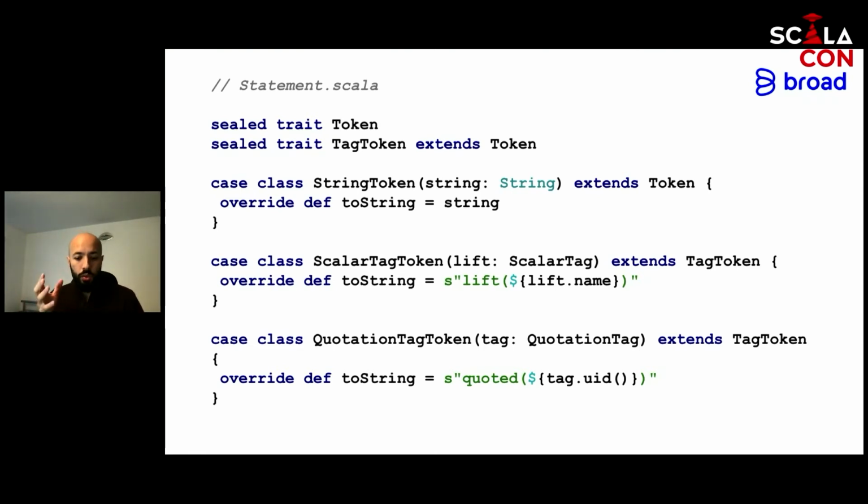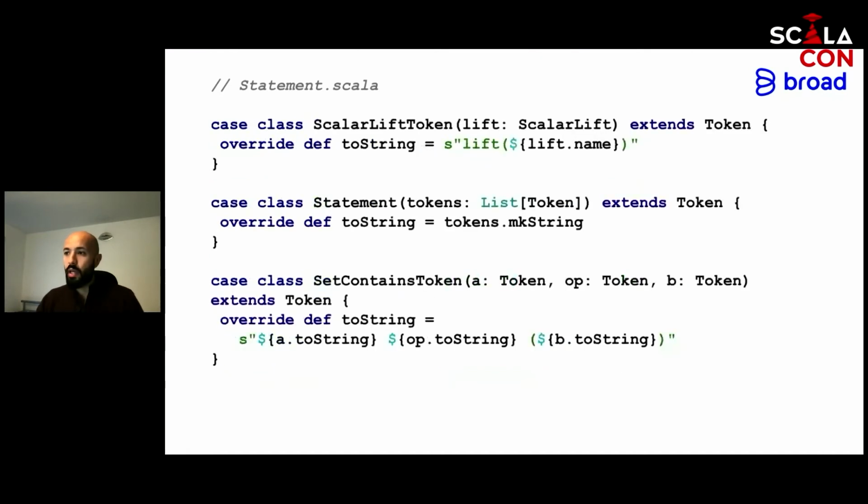Those are mostly used by the macro engine in order to extract more information from the code that will be provided to a quote. Besides that, we have scalar tokens, statements, and sets. And as you can see, all of them will become a representation. They'll have their own representation in a string format that will be used later on.